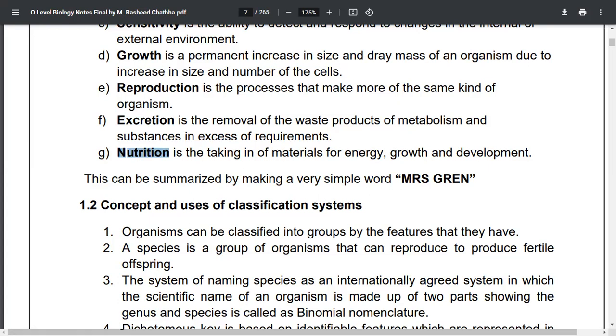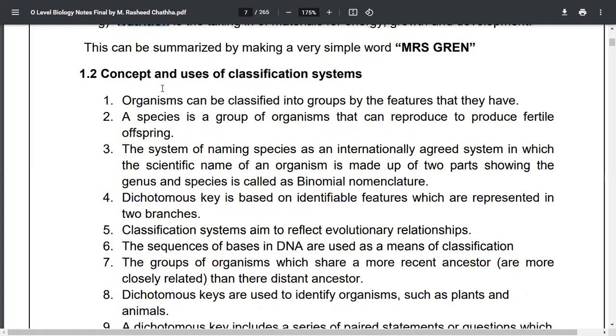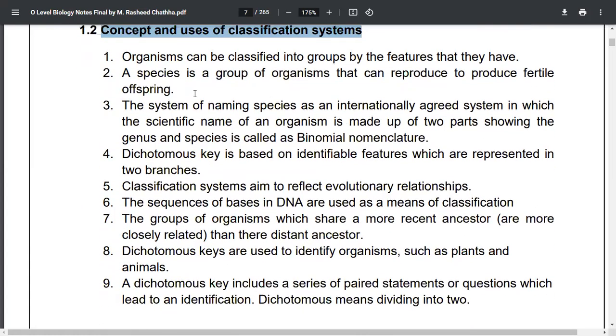Now, the next topic is the concept and uses of classification systems. Organisms can be classified into groups by the features they have. A species is a group of organisms that can reproduce to produce fertile offspring.